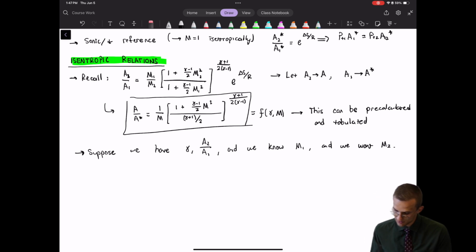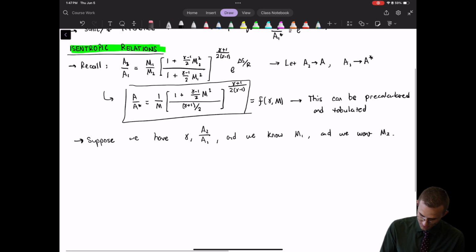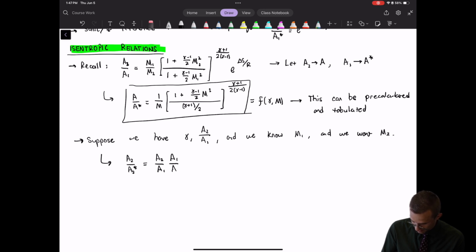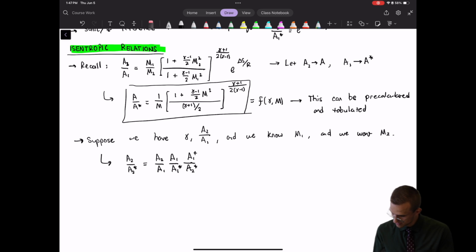So what you can do is you say that you set A2 over A2 star equal to A2 over A1 times A1 over A1 star times A1 star over A2 star, right?